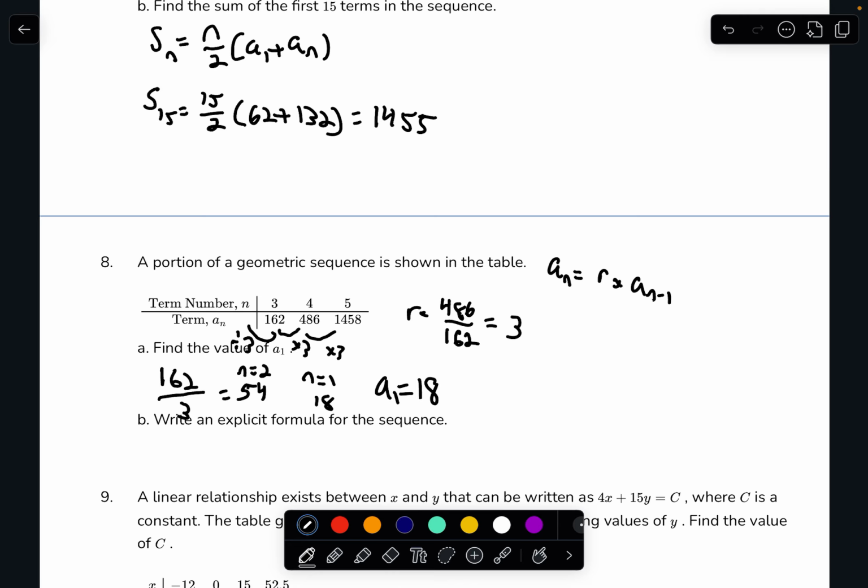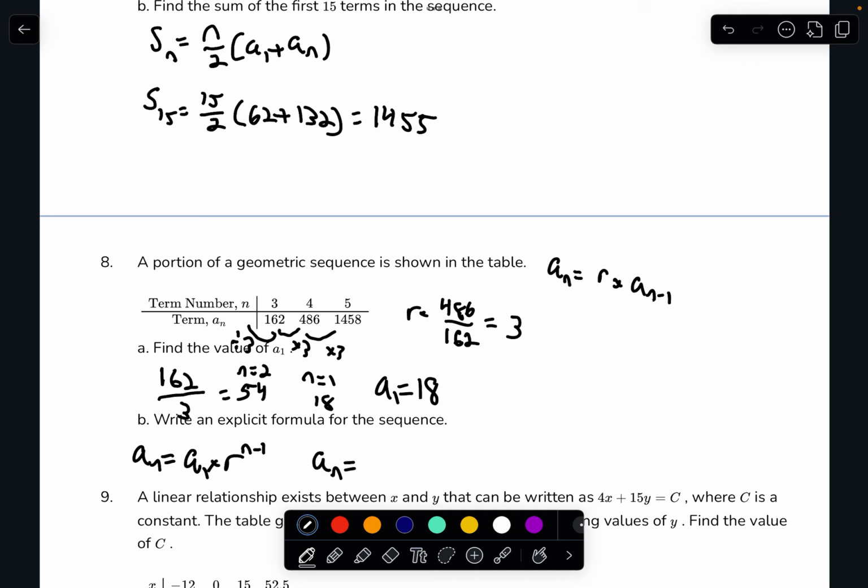Write an explicit formula for the sequence. All right, a sub n equals, this is geometric, so it'll be a sub 1 times r to the n minus 1. Again, you'll be given this formula.